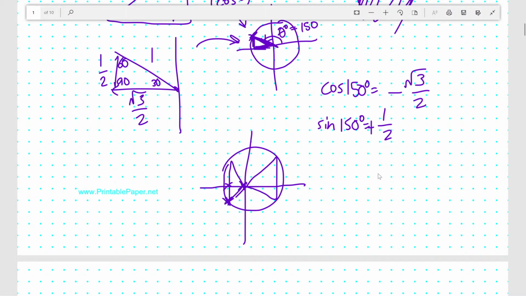Now, theta can also be outside of 0 to 360 degrees. Theta is not limited to this interval of 0 to 360 degrees.